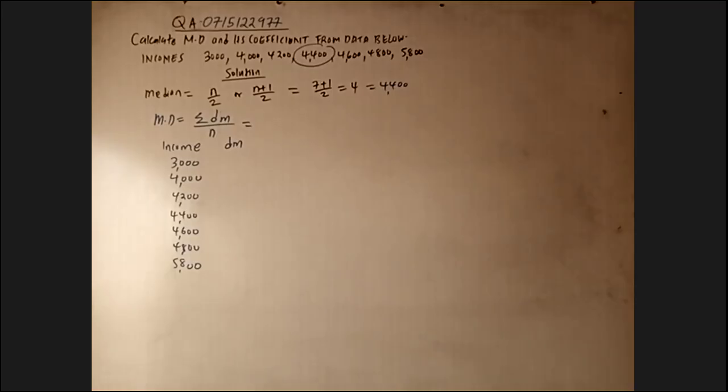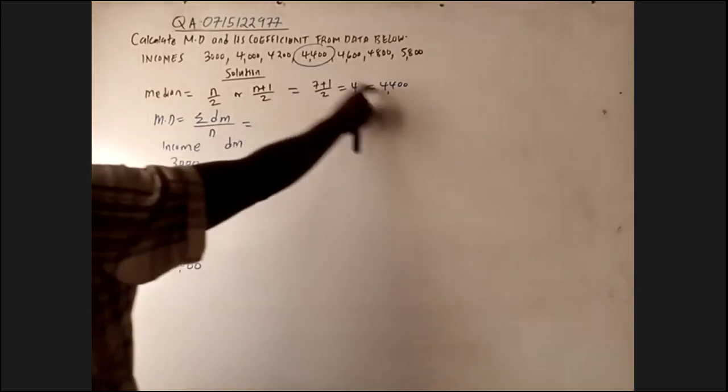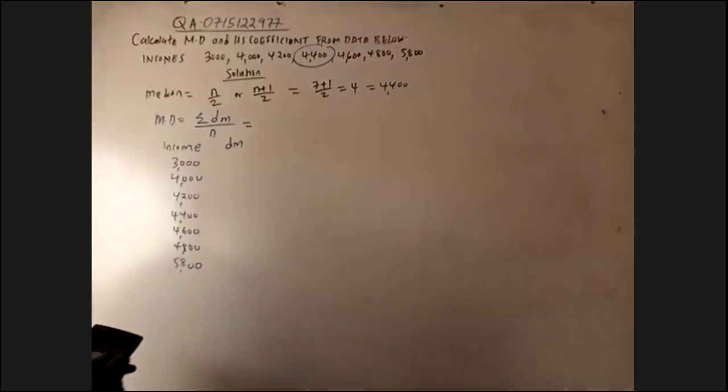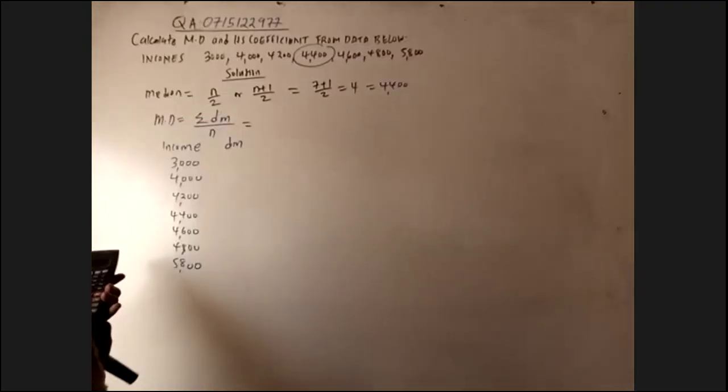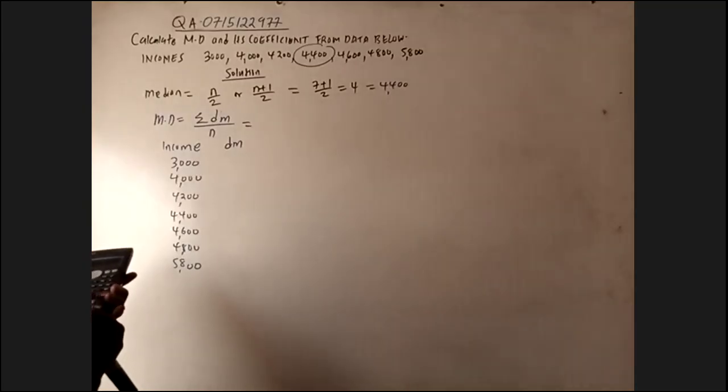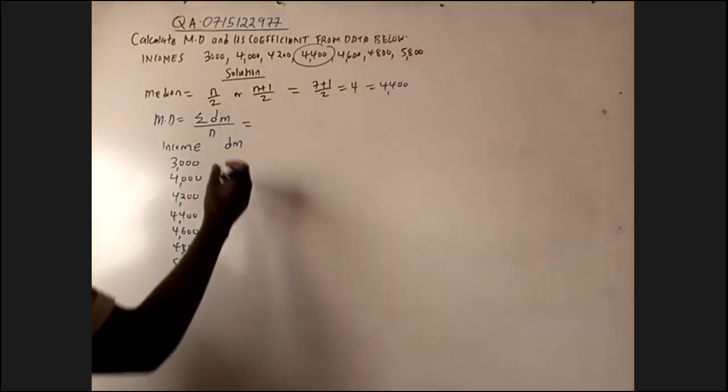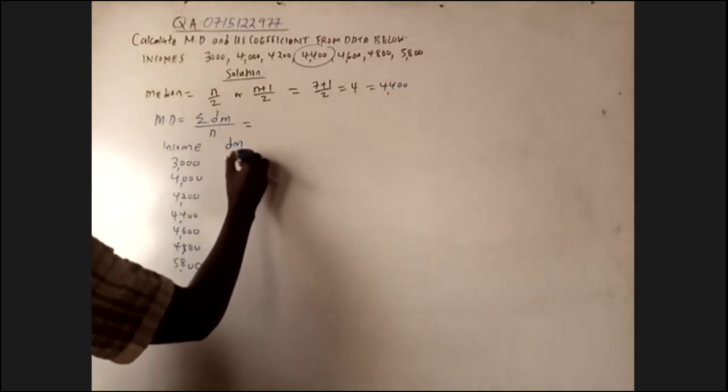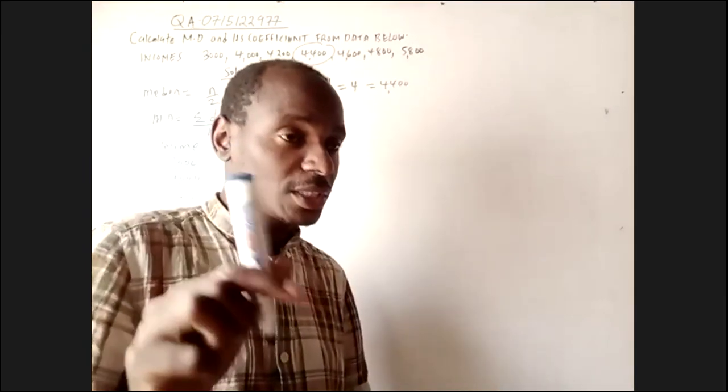Now let's find the deviation DM. So we take 3,000 minus our median, 4,400. No, 1,400. Remember, you ignore the signs. I told you somewhere, you ignore the signs.